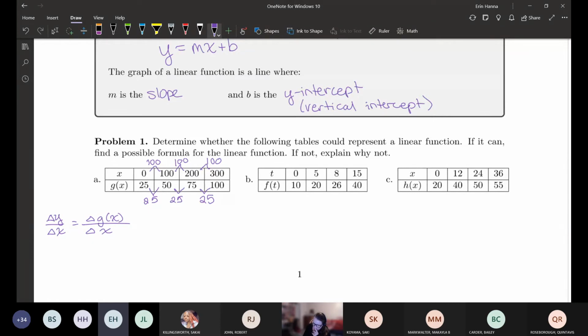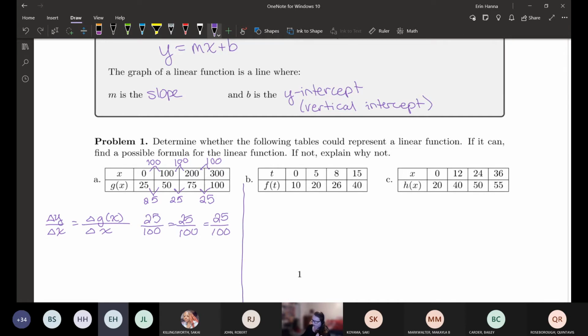So in this case, the change in g of x in this first situation would be 25, and the change in x would be 100, which is why I make those little, usually they look more like loops, but now they look like triangles. And then the second situation, we have a 25 over 100, and in the third situation, we have a 25 over 100. These are obviously, hopefully, all the same number. They come out to be 1/4 if you reduce them, right?